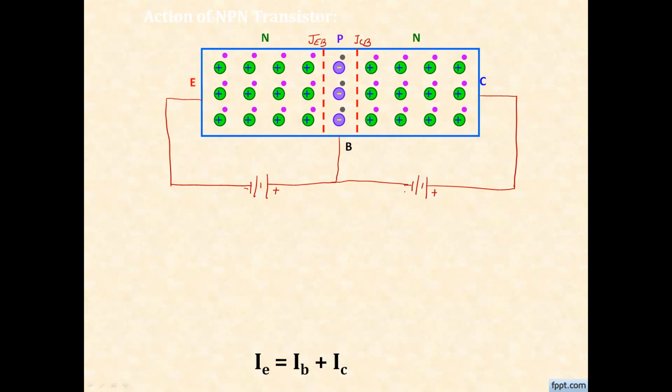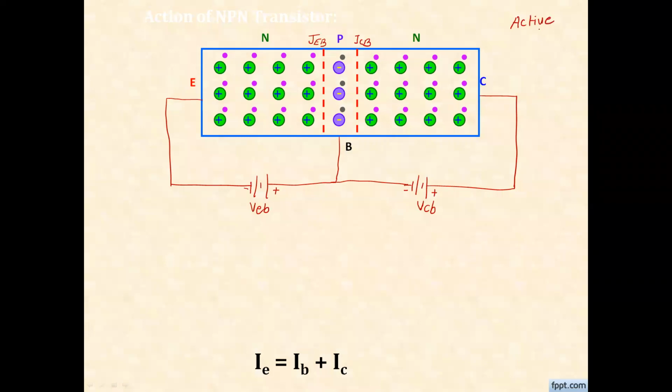The battery connected between emitter and base we call VEB, and the battery connected between collector and base we call VCB. The polarity of these two batteries makes the transistor operate in the active region. Why do I say active? Because emitter to base is connected in forward and collector to base is connected in reverse.